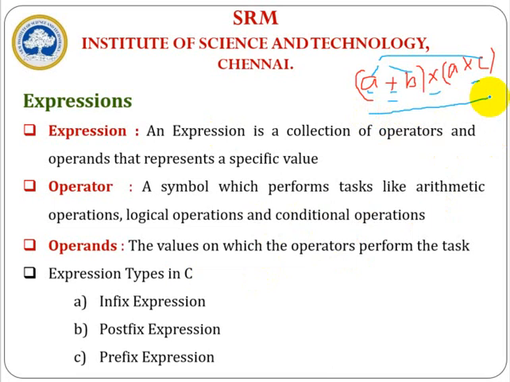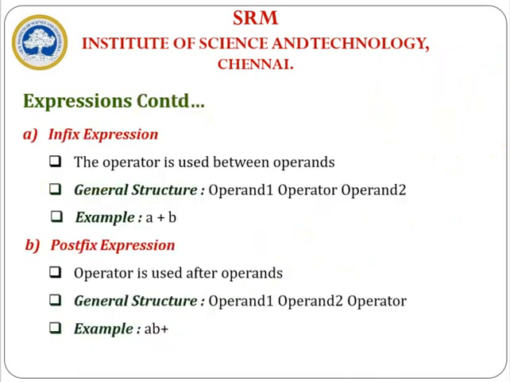In the postfix expression, the operand will come first, followed by the operator. Any infix expression can be converted into a postfix or prefix expression in order to increase the speed of compilation.